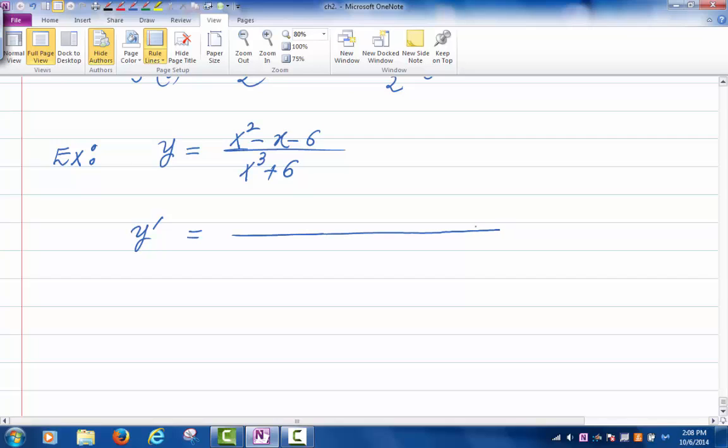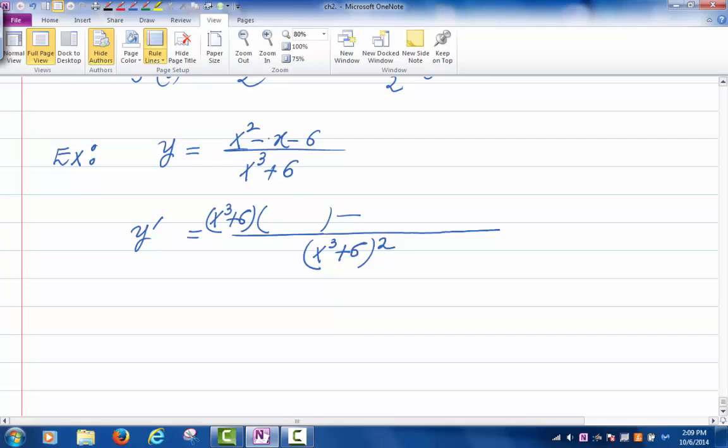No? Okay, so you take the square of the denominator, right? And in the numerator, you take the difference of two terms. What's the first term in the numerator? The first term is you write the denominator as it is, and then you multiply by the derivative of the numerator. What's the derivative of the numerator?